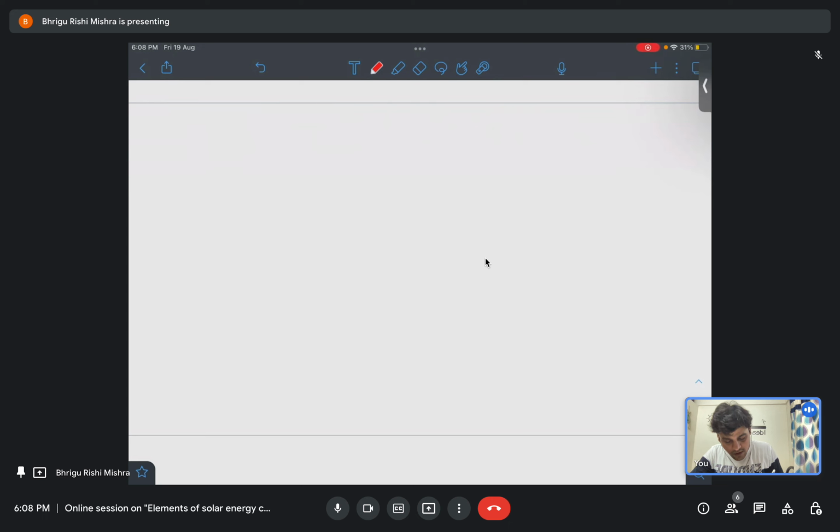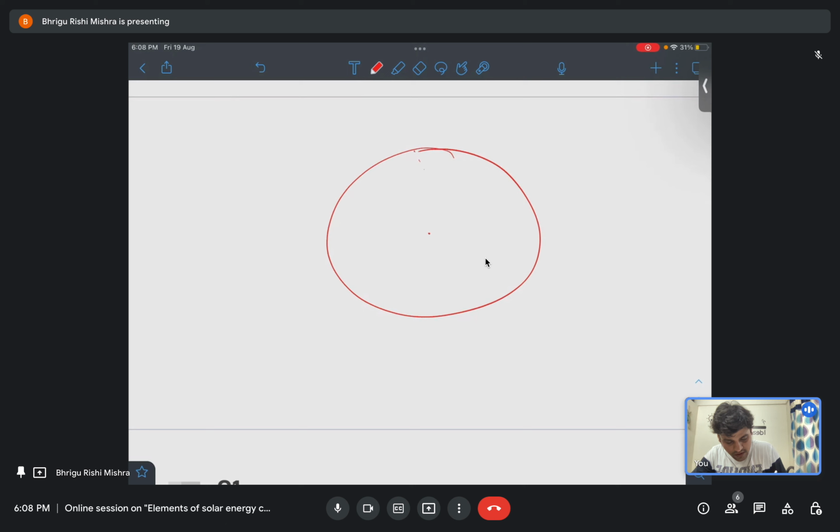For example, consider this is the prime meridian and this is the observer's meridian, where the observer is somewhere here. This is P, so this is the local meridian. When the sun crosses this point, that means the sun is at the top of the observer's head. That position is known as the solar noon.